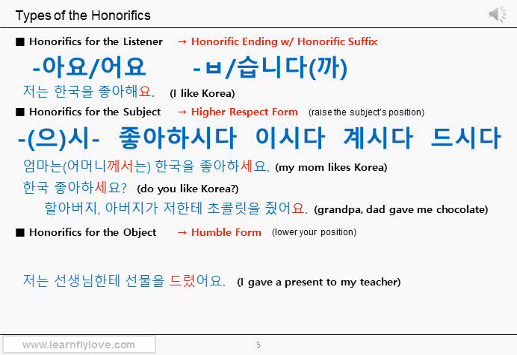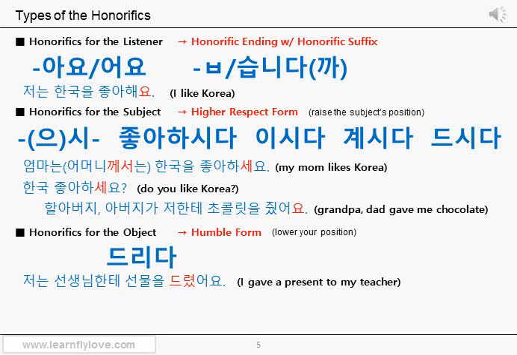Let's see the example right away to understand this better. 저는 선생님한테 선물을 드렸어요. It means I gave my teacher a present, or I gave a present to my teacher. Please take a look at the 드렸어요 part. 드렸어요. The base form of this verb is 드리다.